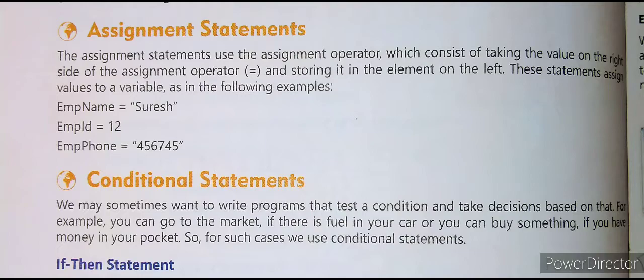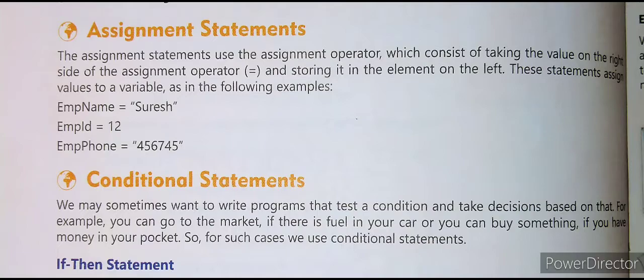So this employee name, employee ID, employee phone number, these are all called variables. Equal to, that is known as the assignment operator. Then Suresh, 12, mobile number, these are known as values. Can you understand?